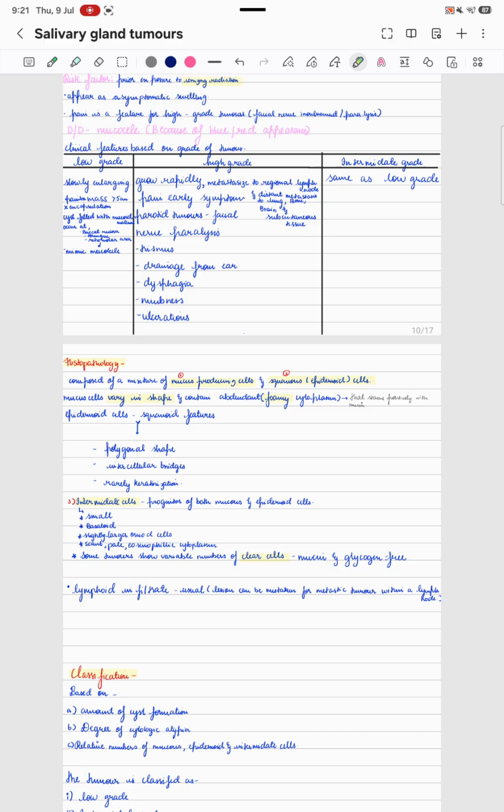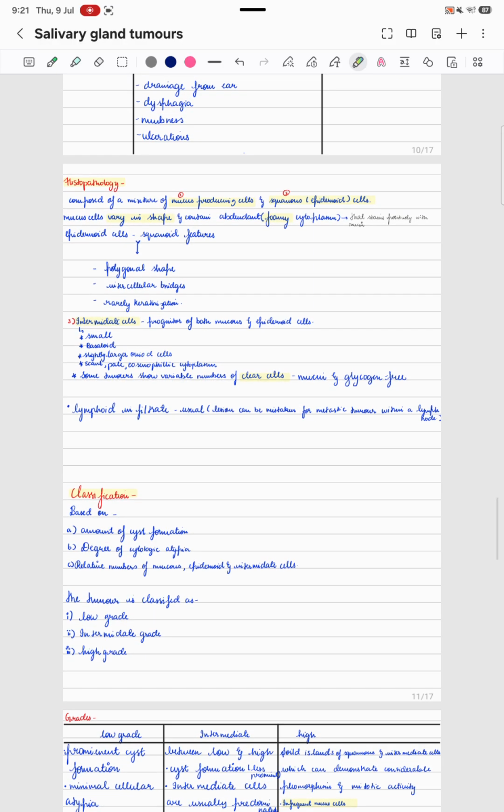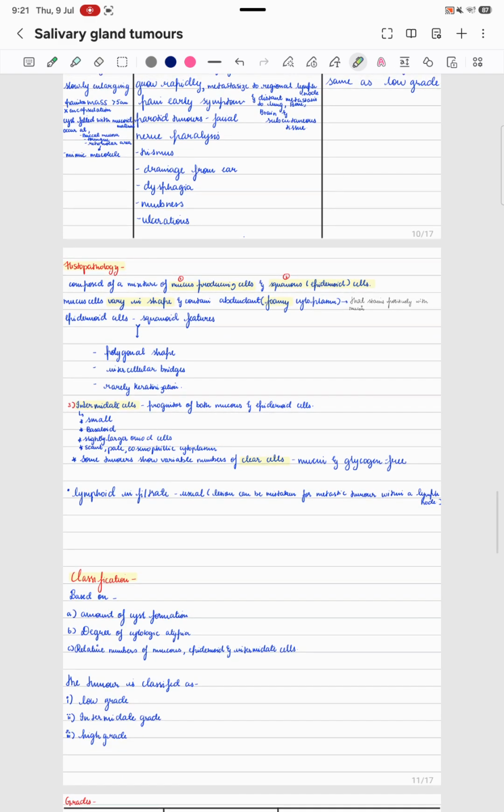Now coming to the histopathology, it is composed of a mixture of cells. See, in the beginning we talked about a few cells, that is your mucus cells, clear cells, epidermoid cells and columnar cells. So it is mainly composed of these cells.